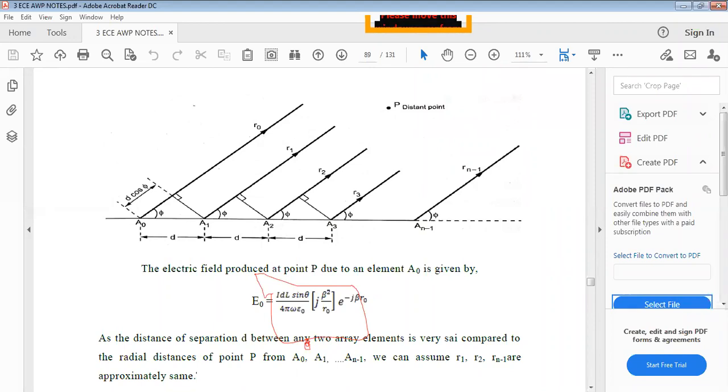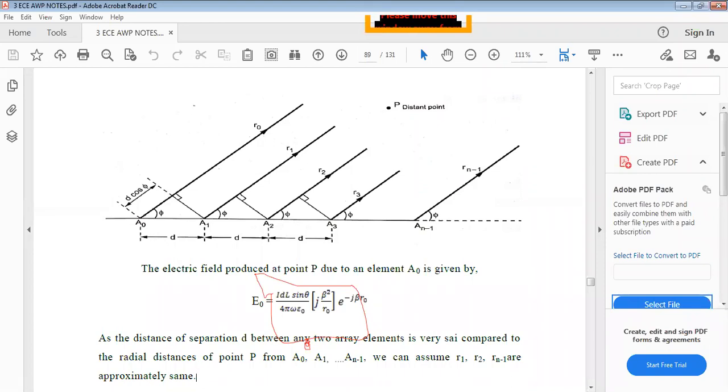What is the Biot-Savart law? The magnetic field strength due to point sources at an infinite point. What is the resultant field strength at point P? When current I is passing through some differential current element dl, from the point of observation it makes an angle theta, that is the sin theta here.